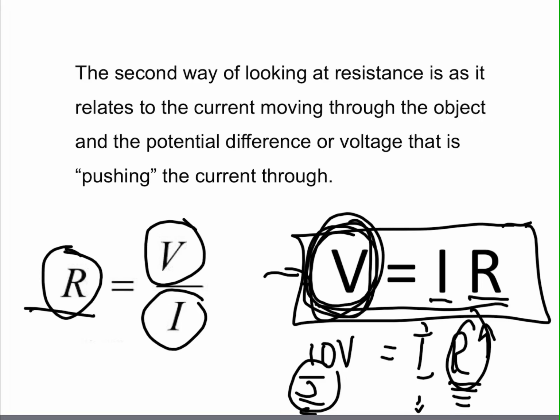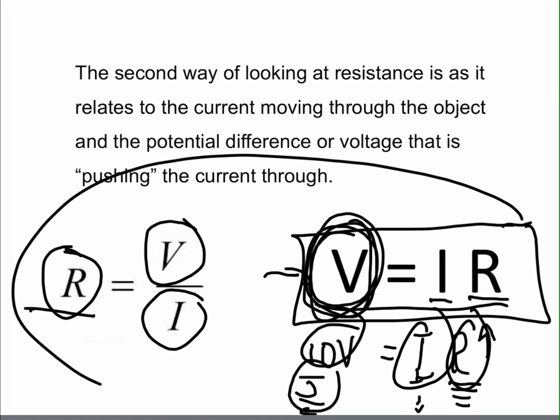The bigger the stopping power, the smaller the actual flow of current, based on that much energy. Seems a little bit more convoluted right now, but I assure you, we will work a lot with this, and you guys will get very, very good with it.